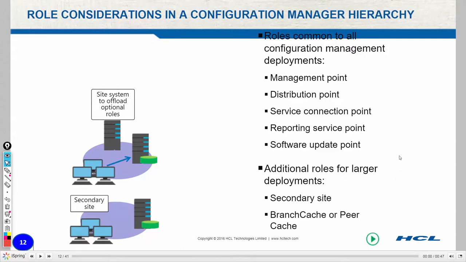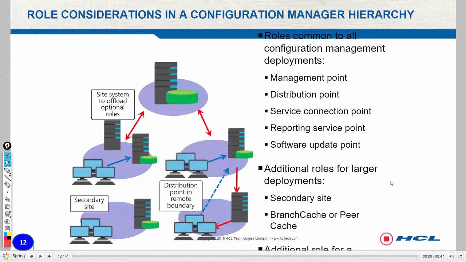Right? Additional roles for a larger deployment. You can have a secondary site and you can have branch cache or peer cache. We have already studied branch cache and peer cache. Branch cache is hosted mode and peer cache is distributed mode. So you can integrate them with your SCCM.